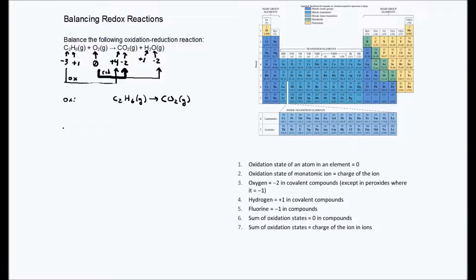All right, so that's my oxidation step. Now for my reduction step. Put that below it. Give yourself some room here. I have O2 gas. I have it going to, well, what is it going to?